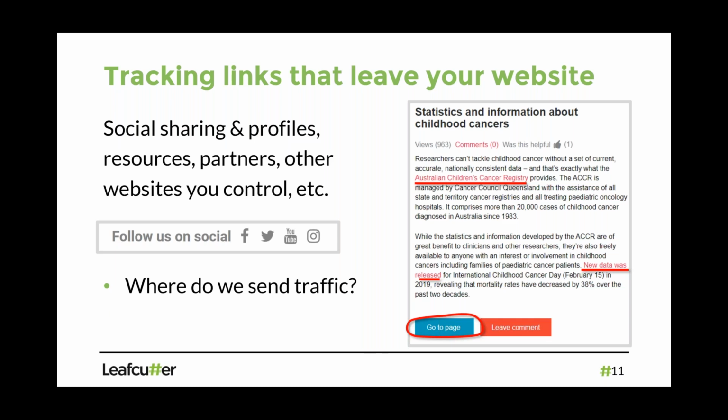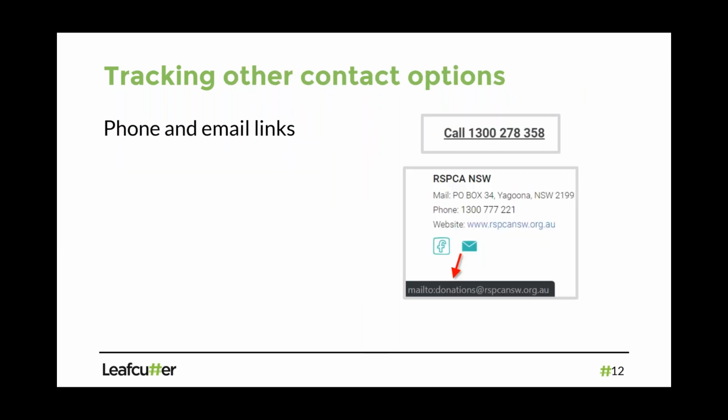Especially if you find a lot of traffic is leaving where maybe you weren't intending it to, or the contrary, like, oh yeah, no one's clicking on that link or that resource, so maybe we need to change the design or make it a bit more prominent. At least if you're measuring that, then you can make changes to try and improve whatever your objective is for those links.